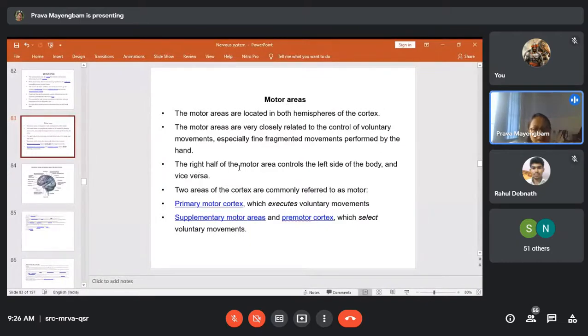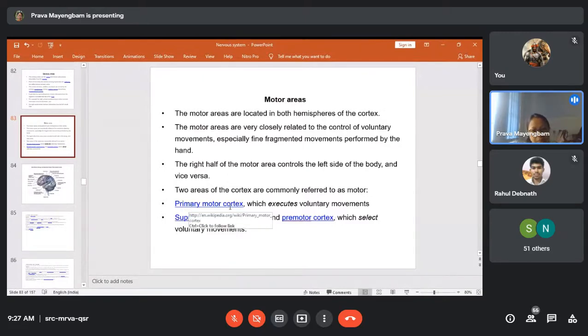The right half of the motor area controls the left side of the body, and vice versa, that means the left half will control the right side of the body. Then the two areas of the cortex are commonly referred to as the primary motor cortex, and the supplementary motor areas and premotor cortex.